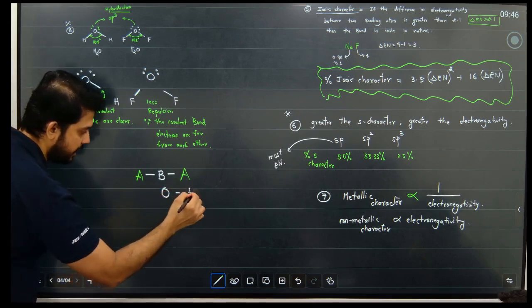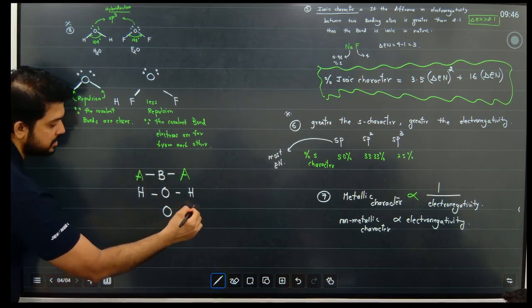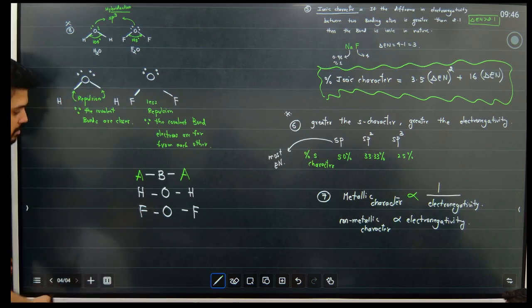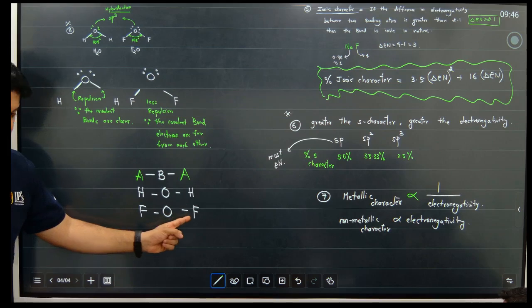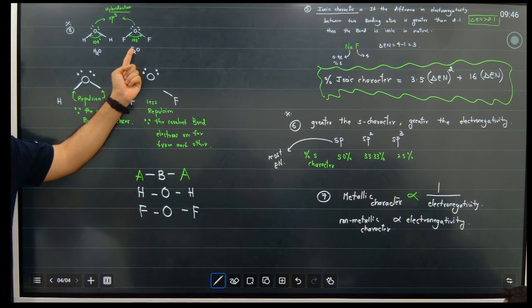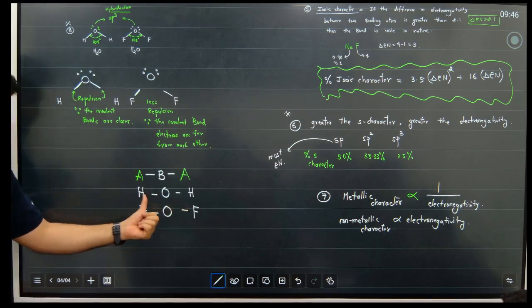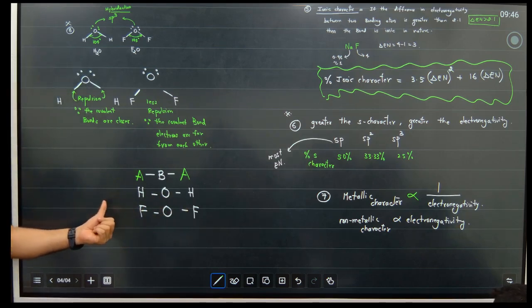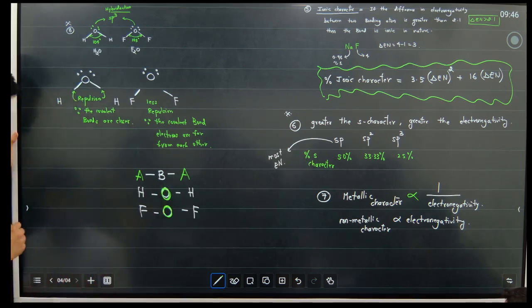In one case the side atom was hydrogen, and in the second case, what were the side atoms? If the electronegativity of the side atoms increases, bond angle decreases. I repeat, when the electronegativity of the side atoms increases, bond angle decreases, provided the central atom remains the same.